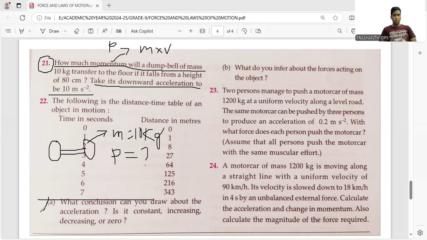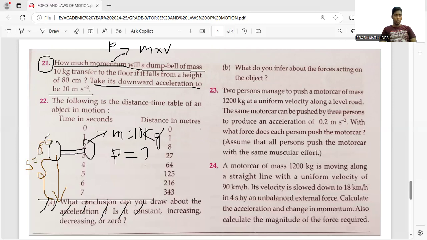Suppose this is the floor, and imagine the dumbbell is at a certain height, and it falls on the floor from that height. The height of the dumbbell, s, is equal to 80 centimeters.